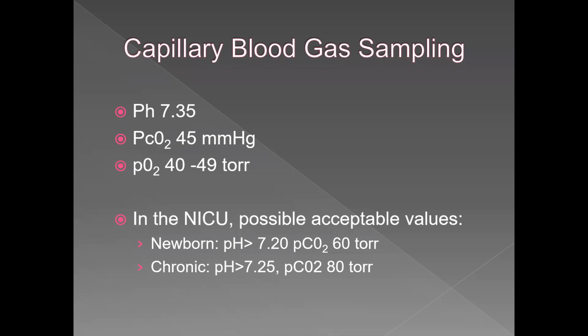And I think we need to stop. A couple more things to tell you. So if you were told to draw a brachial ABG on a neonate, would you do it? No, it's too deep. If you were told to draw a femoral ABG on a neonate, would you do it?